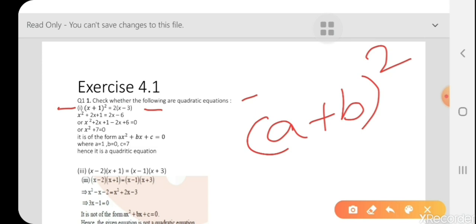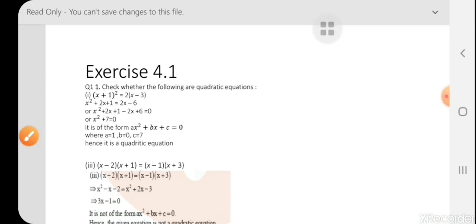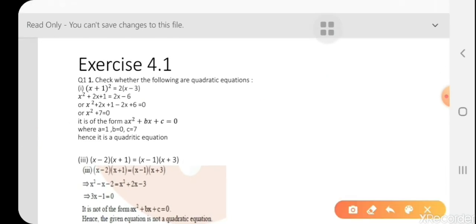Now we convert the left side to x square plus 2x plus 1, then multiply 2 into x minus 3 and get 2x minus 6. After calculation we get x square plus 2x plus 1 minus 2x plus 6. In this line, 2x minus 2x cancels out, so we get x square plus 7.